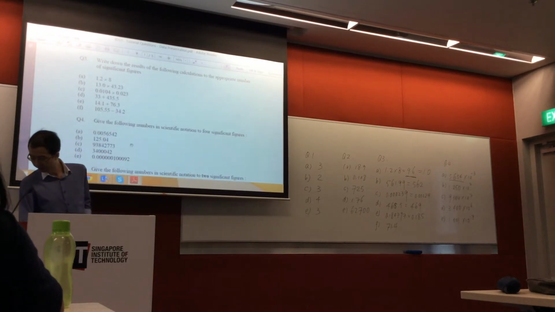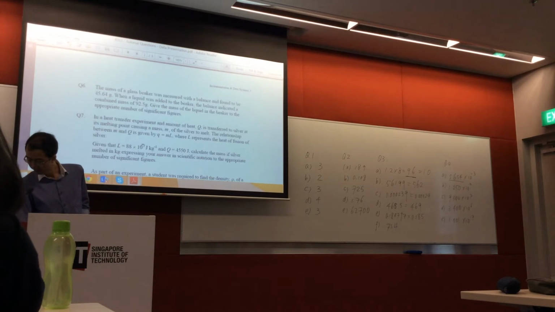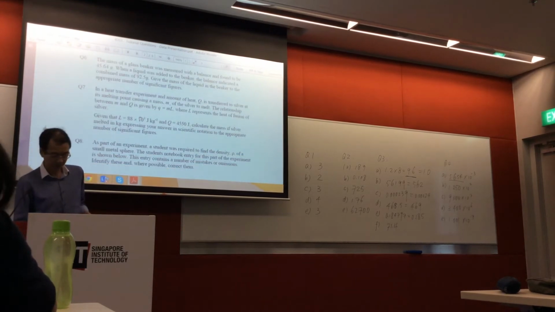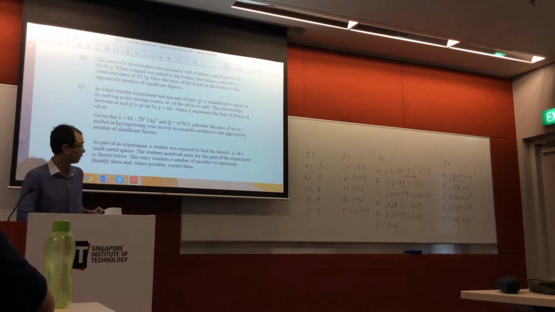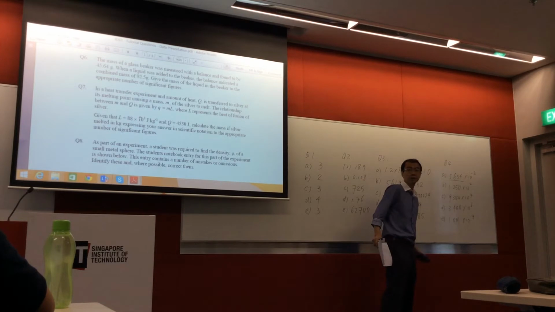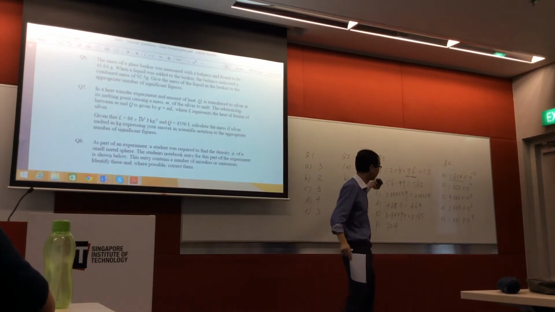So question 5 is very similar to this one. So you only need to keep 2 significant figures. Okay, so let's look at some practical examples. Right. So in an exam, usually you will see a question like this one. They seldom ask you like this.